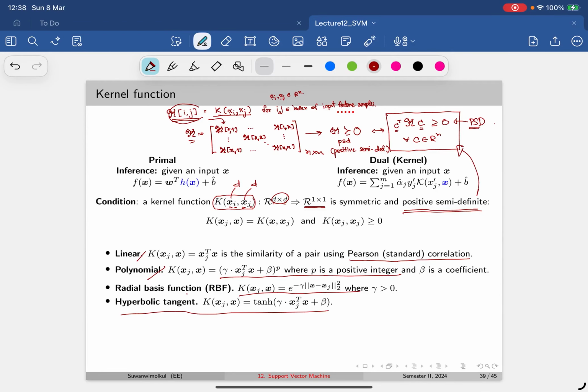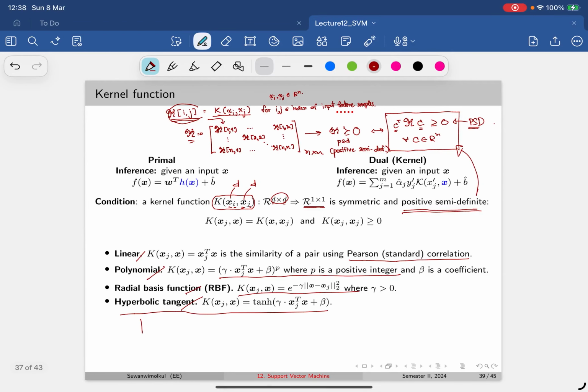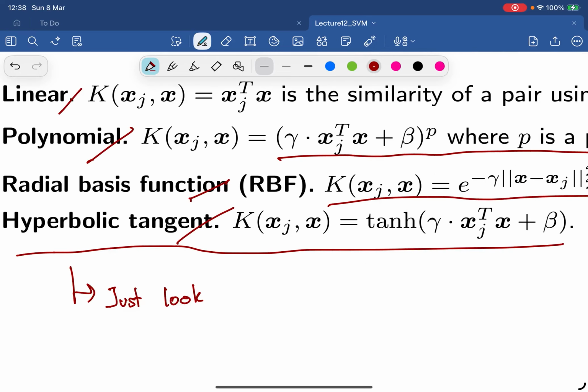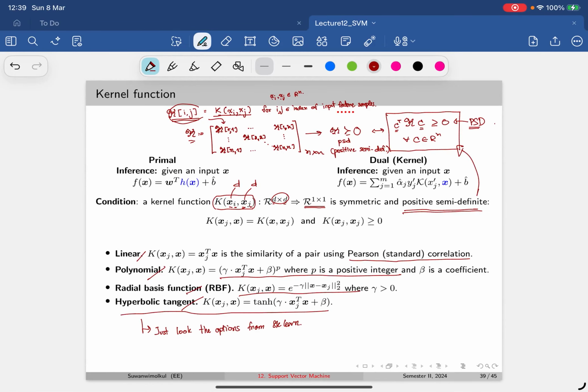But there are actually more, and I encourage you to look at these options, because they are usually the ones that people normally use, and because they are already built-in functions, you can try many different kernel functions.